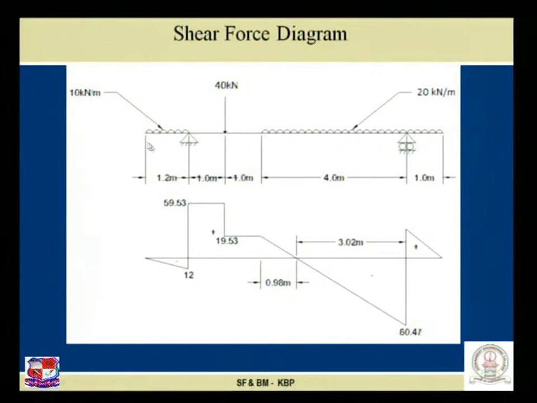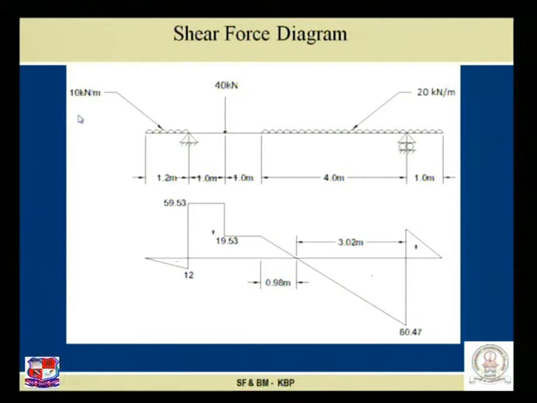This is the end point where there is no support. Loading at this point is 0. Even though the UDL is acting throughout the length of the beam, at this point the shear force is 0.